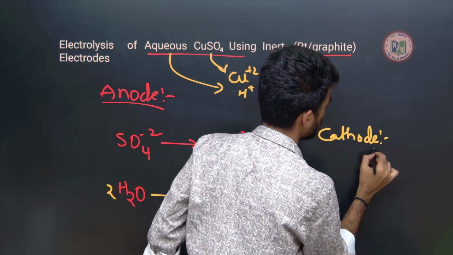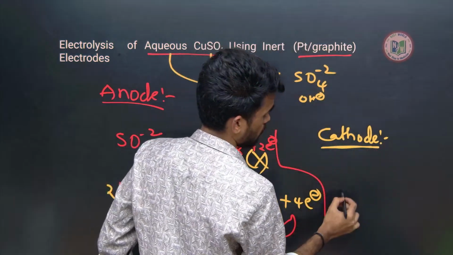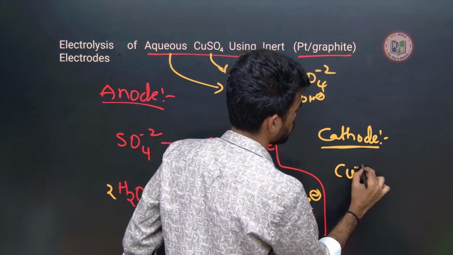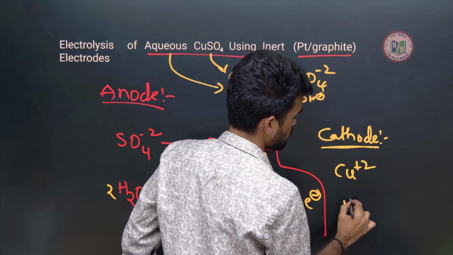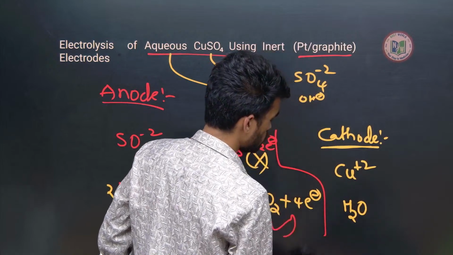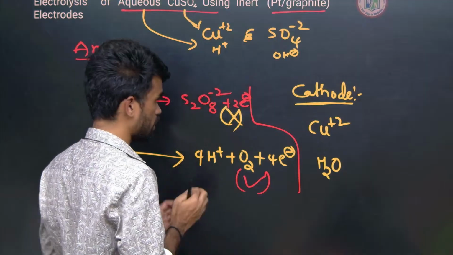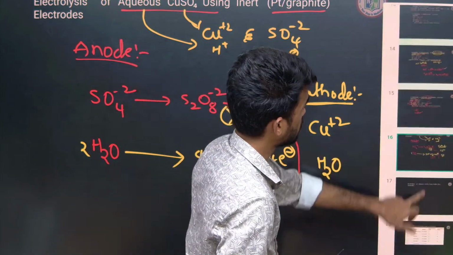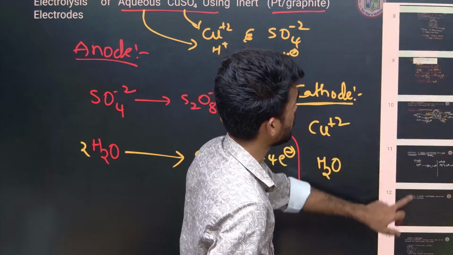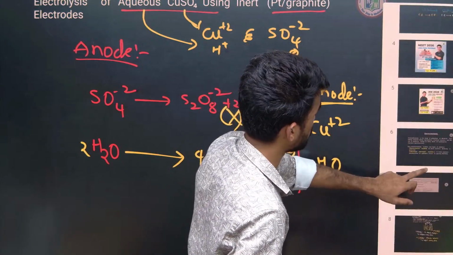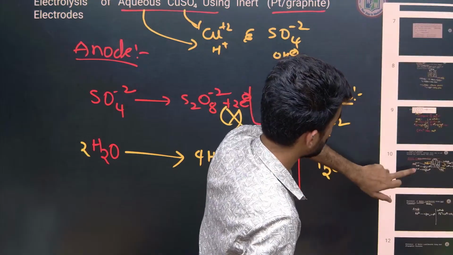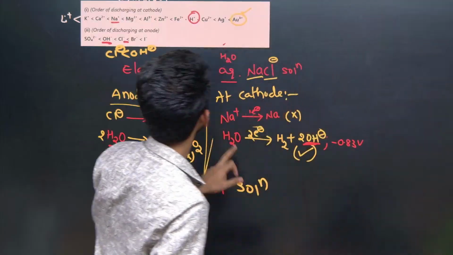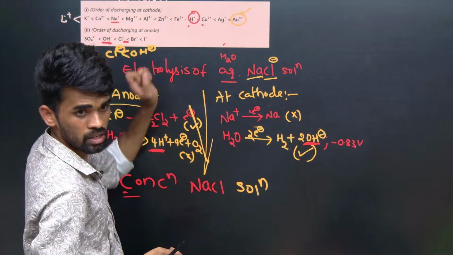What about the other, at the cathode? Tell me, at the cathode what happens? What are the cations? Cu plus 2 we have, and H plus from water. So out of these two, which will deposit first, H plus or Cu? Just see, I have shown you that table. See here, copper is more than H plus.